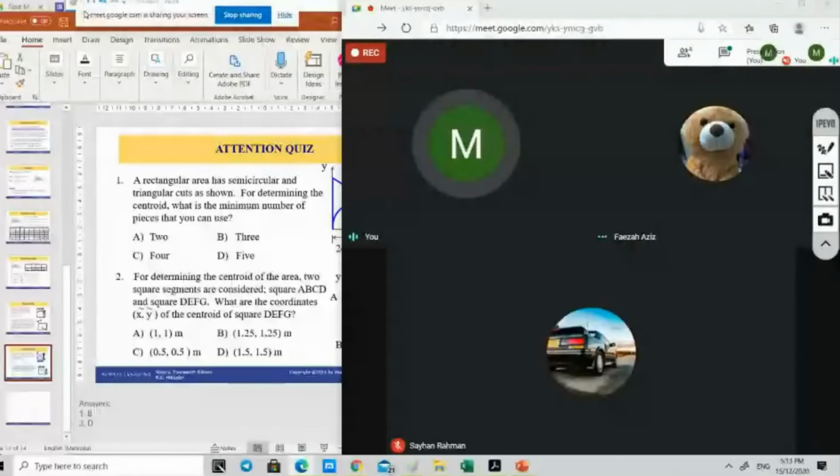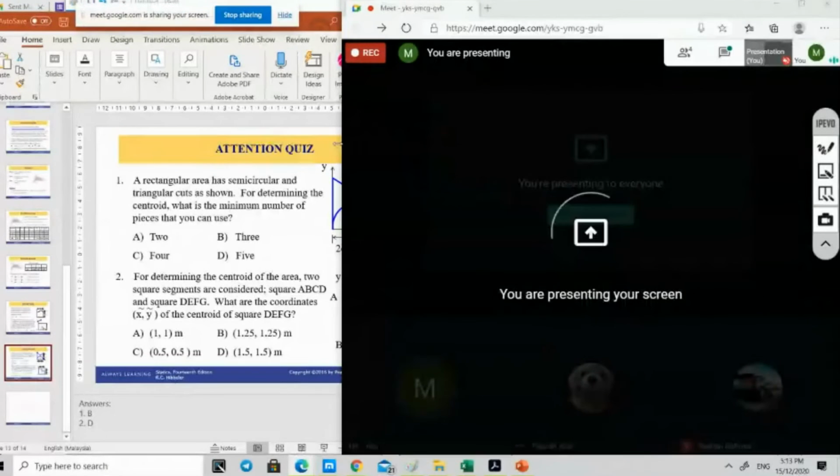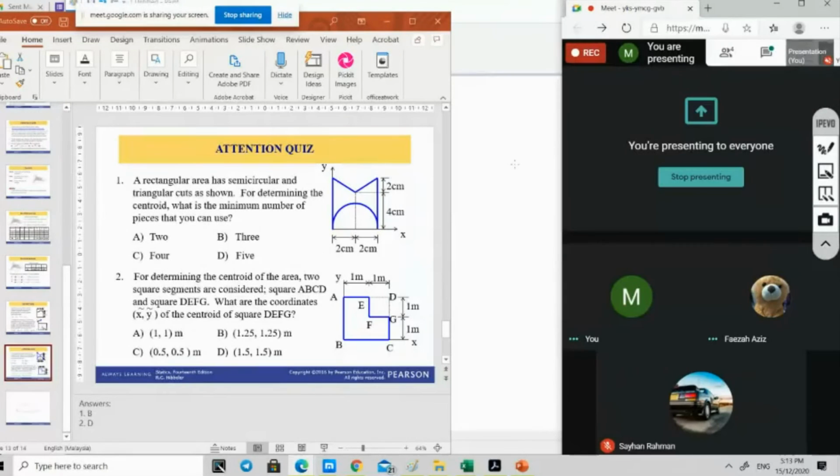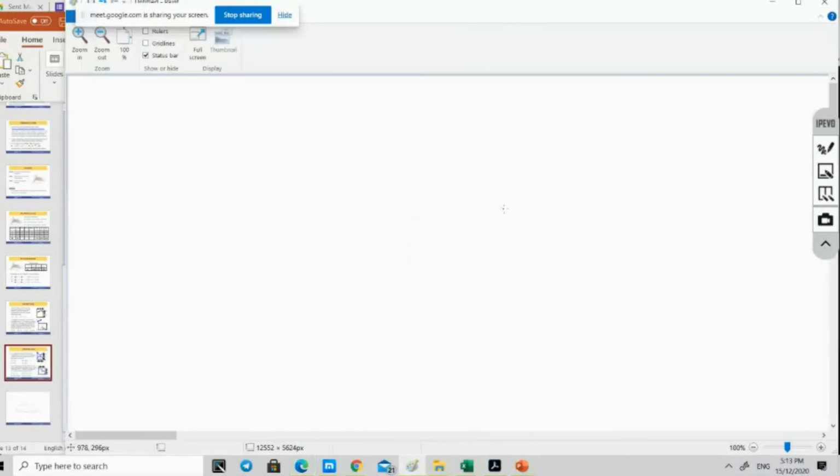Let me see. I think after you have done some exercises, you can automatically see this thing.